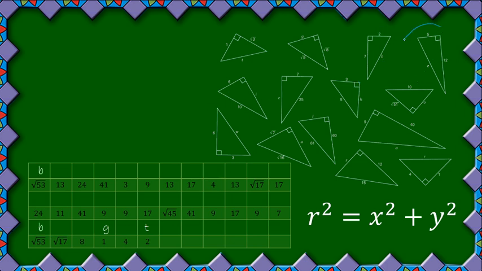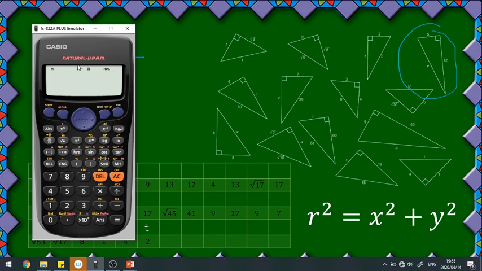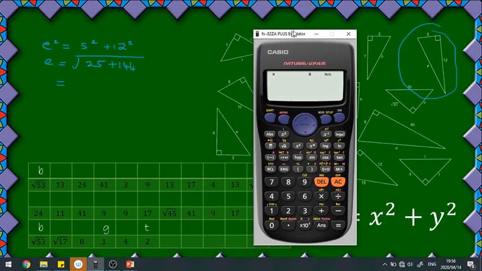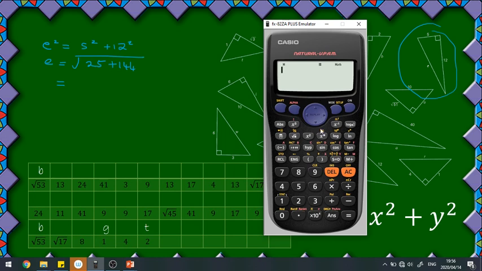Okay, so next triangle is this one, and I think that's an e. And e is also the longer side, so e squared is equal to 5 squared plus 12 squared. So e is equal to the square root of 25 plus 144, square root of that. So let's just put that on the calculator. I think 169, I think that's going to be 13.